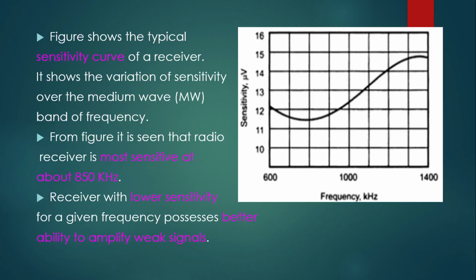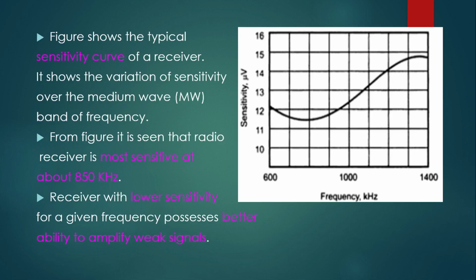So, if there are, for example, two receivers, receiver A and receiver B. Receiver A has sensitivity, say, 11 microvolt, and receiver B has sensitivity 50. Which one is more sensitive?